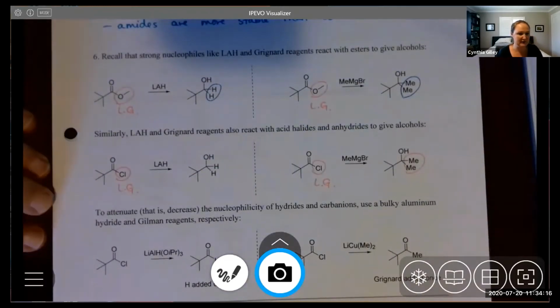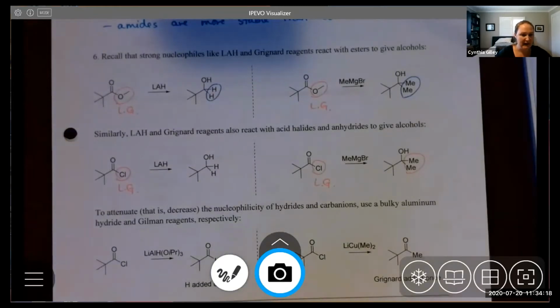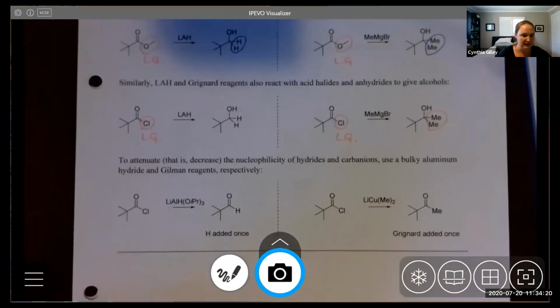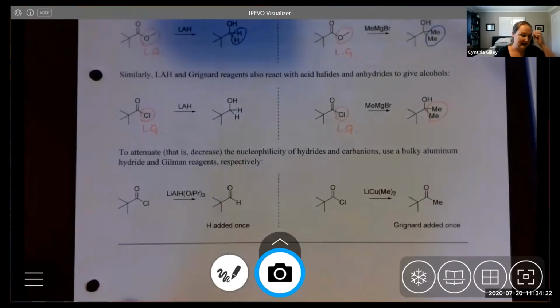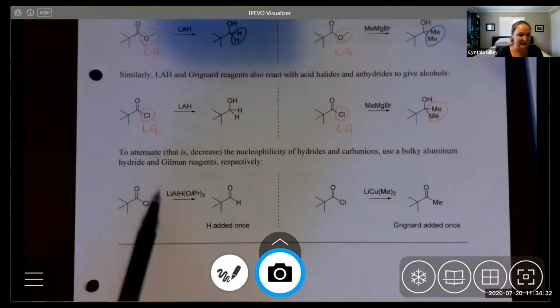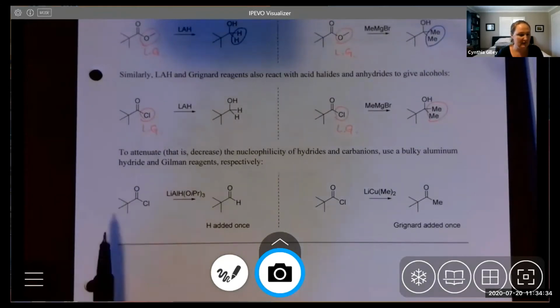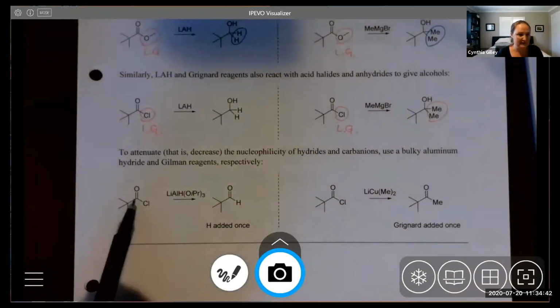But there are some differences in reactivity between esters and acid halides. That comes into play because we can utilize the enhanced reactivity of an acid chloride. Do you guys remember when we talked about ketones and aldehydes and how the carbonyl carbon is electrophilic?